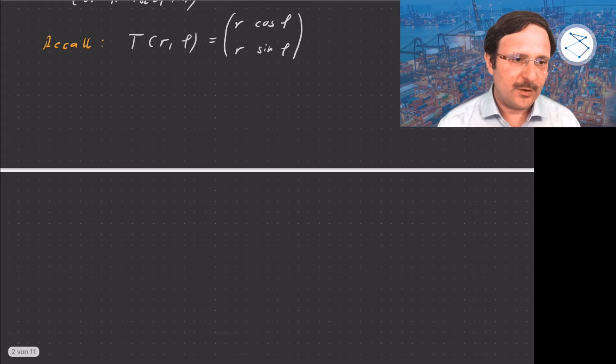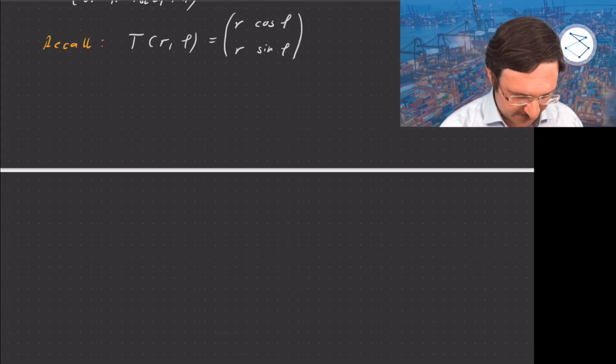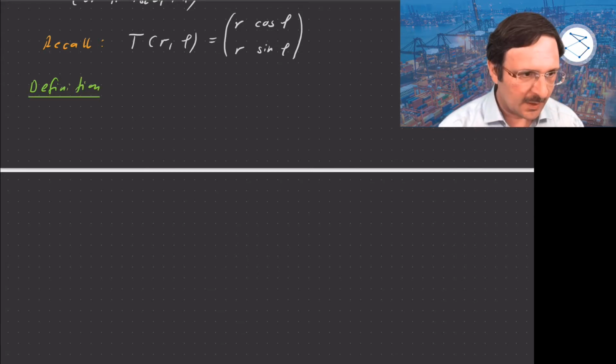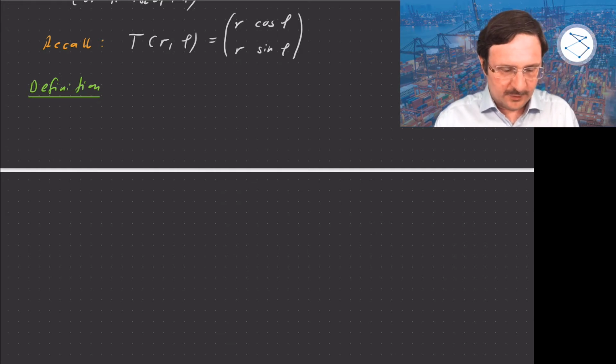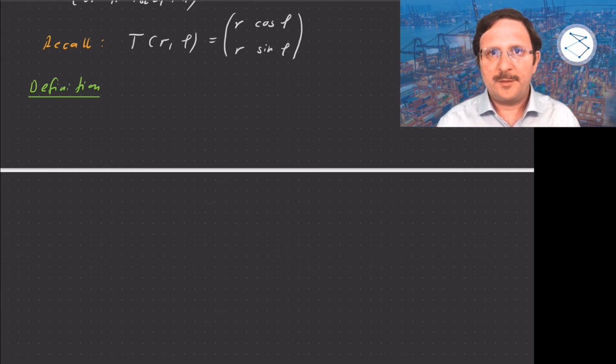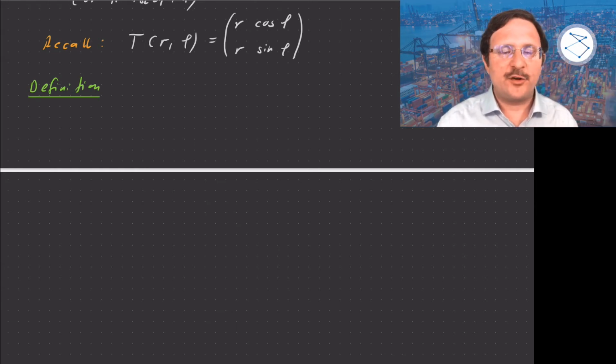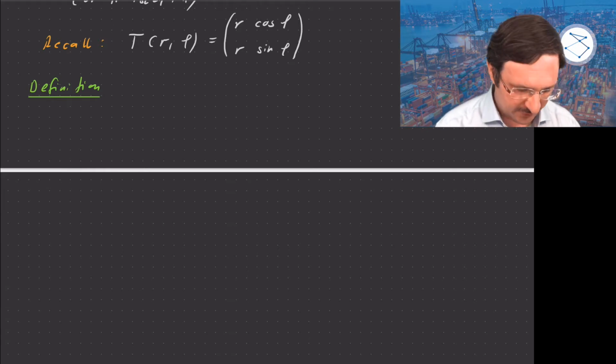So let's define what we mean by polar curves. What we want is an interval somewhere between 0 and 2 pi for the angle, and again translated versions of that, restricted versions of that will also do, but for the technical definition we'll use this interval here.